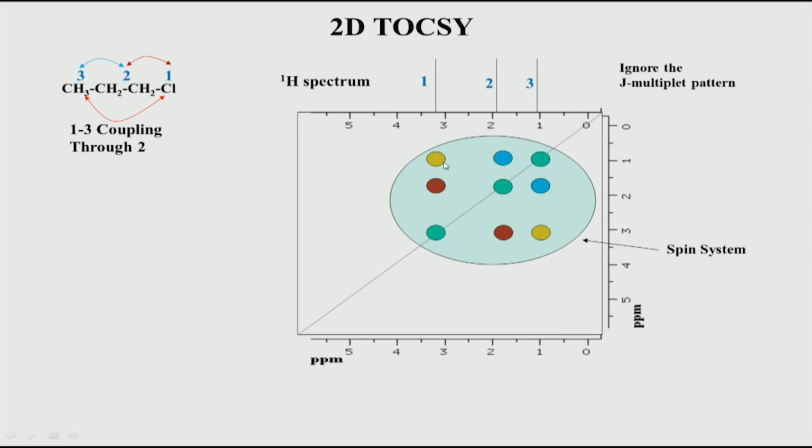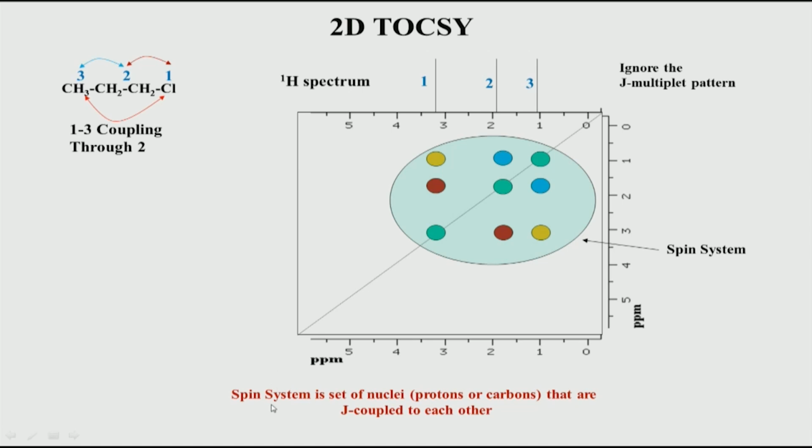So, if you record a TOCSY for a spin system, basically all the hydrogens in that spin system will show up coupled like this. If there are n hydrogen atoms in a spin system, in a TOCSY you will get n square peaks for that system. Okay, so this is the basic definition, or the meaning, of a spin system.